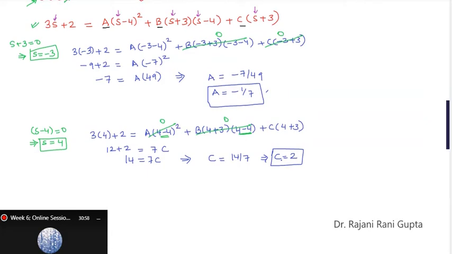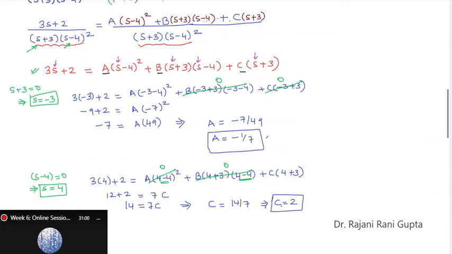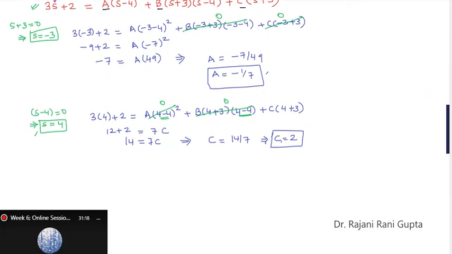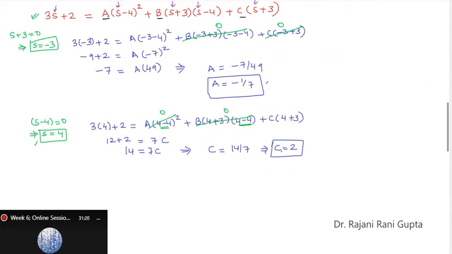Now, if we look at the denominator, (s minus 4) power 2 equal to 0 means s minus 4 is 0, which gives you s is equal to 4. Again, we have already used this value here. So when you are not getting the value from the question, select any value of s on your own.